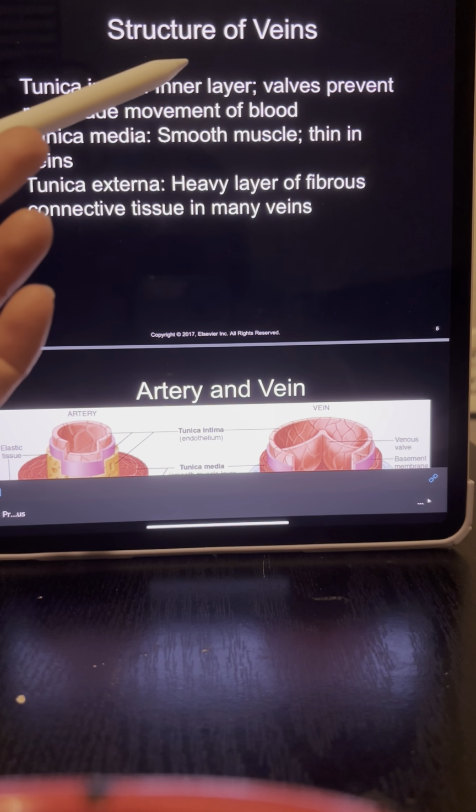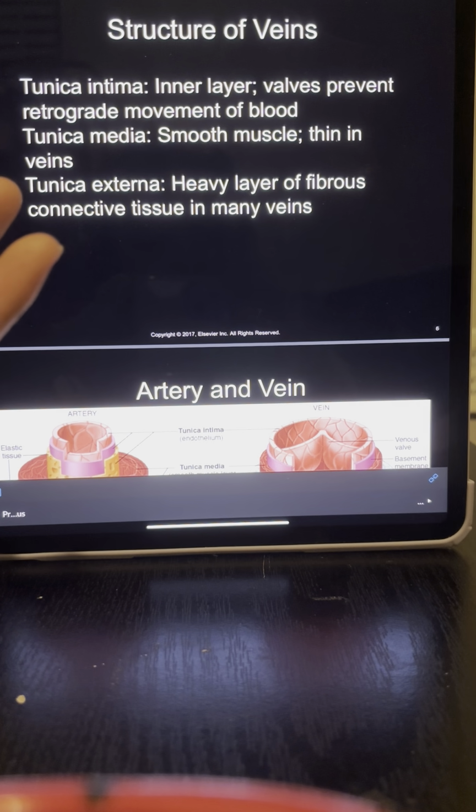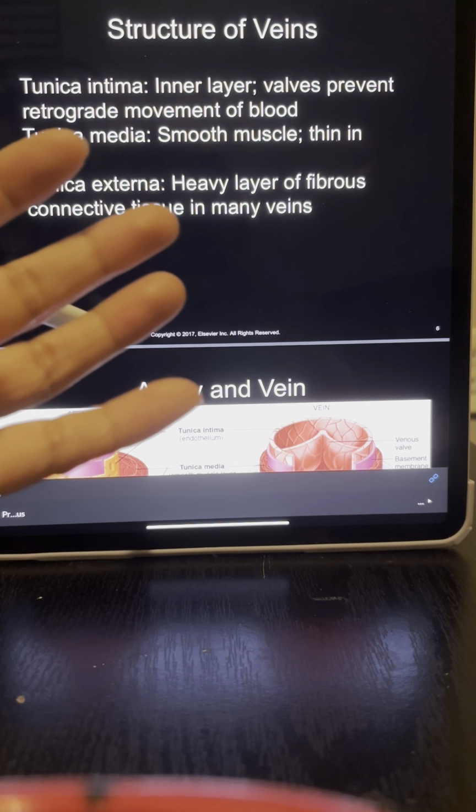But by the time it hits the arterioles, to the capillaries, to the venules, to the veins, it kind of loses momentum. It needs more push, right? But there's no heart in the middle to help give it that push, like the Mario go-kart. There's no arrows to help give that blood that push.